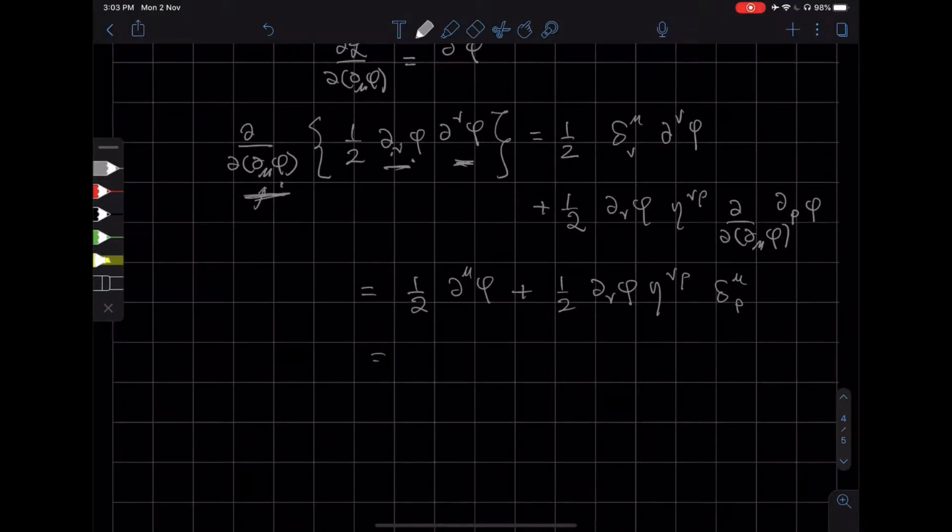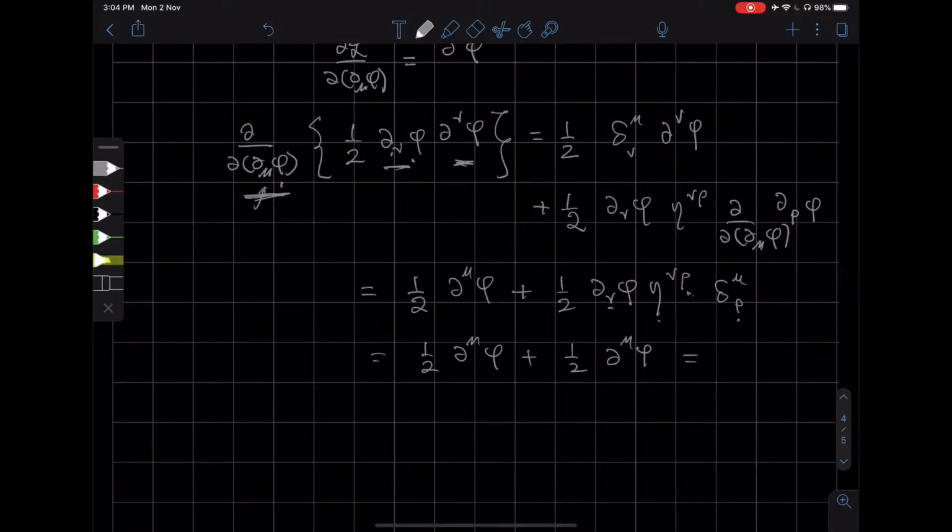If we do the sum in the second term, the eta raises this guy, and that becomes rho, but there's a rho here, and that rho will be summed over with this rho, and as a result, rho will be replaced by mu, so we get the same thing.